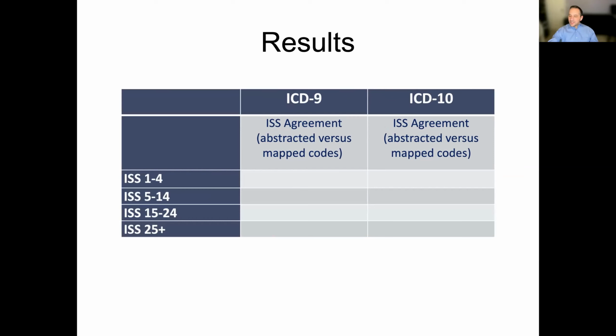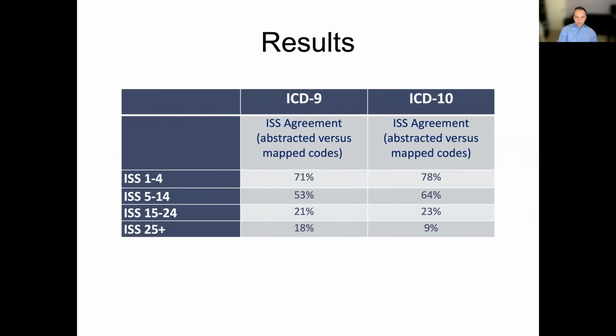And then finally, this one looked at different categories of ISS. So of those who had an abstracted ISS score of 1 to 4, 5 to 14, and on, what was the agreement? And the bottom line is that there was stronger agreement for the less severely injured patients.